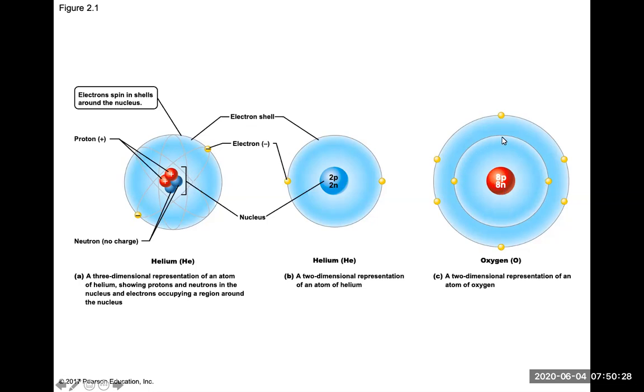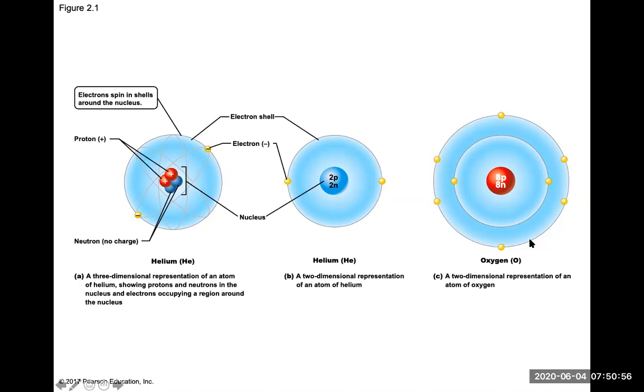When we look at the electron shells, where the electrons orbit around a nucleus, we can always have 2 electrons in that first shell because there's only space for 2 electrons. The other 6 electrons in oxygen travel in what we call the second electron shell that orbits the nucleus.